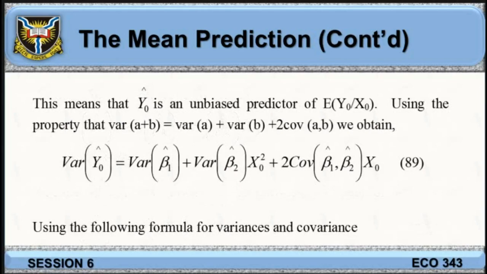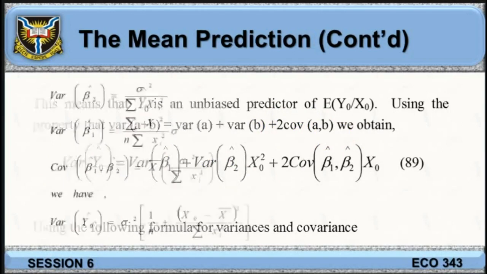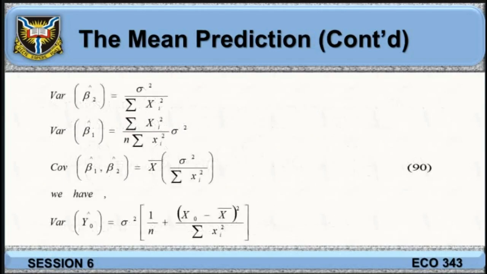Using the property that VAR(A + B) is equal to VAR(A) plus VAR(B) plus 2 COV(A, B), we obtain equation 89 below. Using the following formula for variances and covariance, we follow the equation.